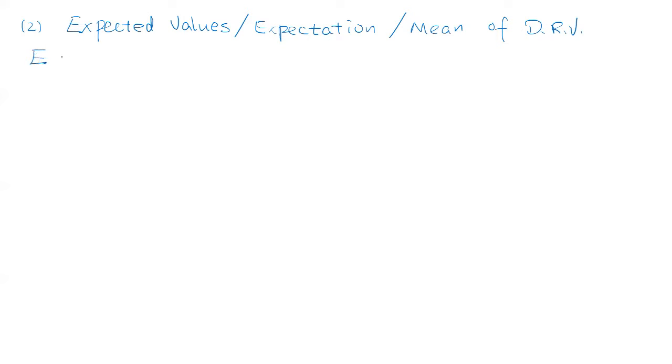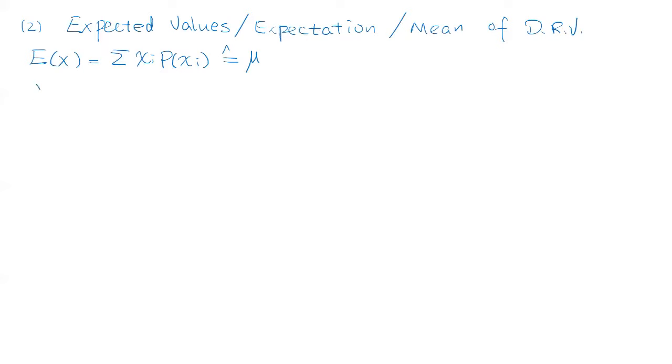The expected value of x is the sum of all possible values times the corresponding probabilities, denoted with mu.